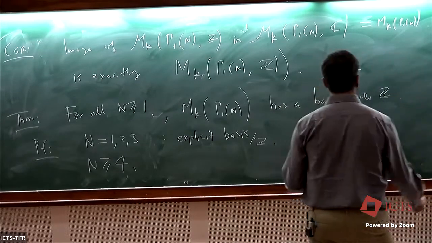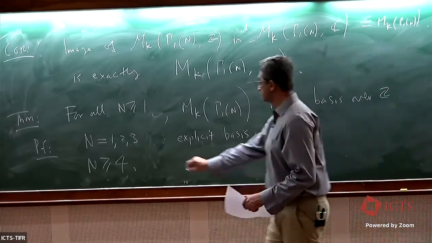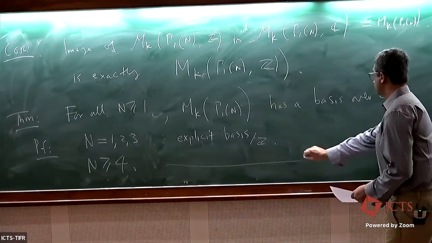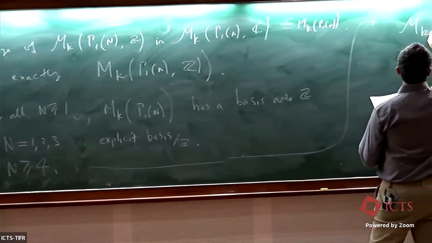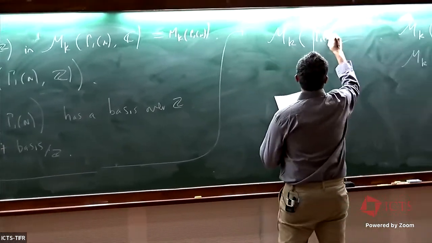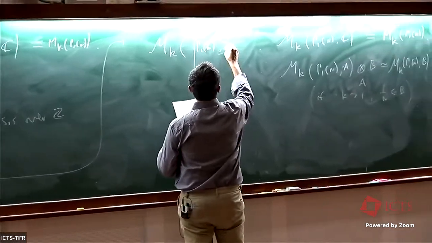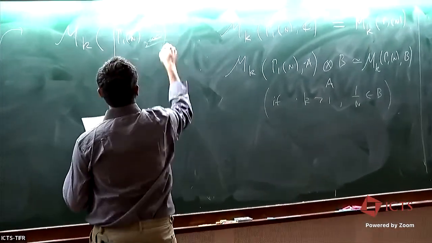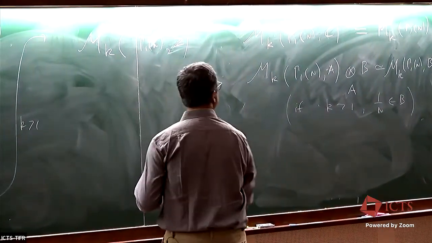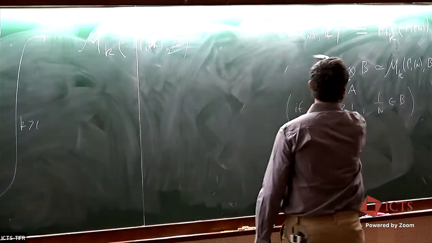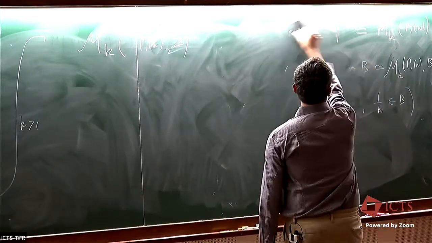So first of all, we know this, because k is greater than 1 at least. Let's assume that 1 over n belongs to the complex numbers.